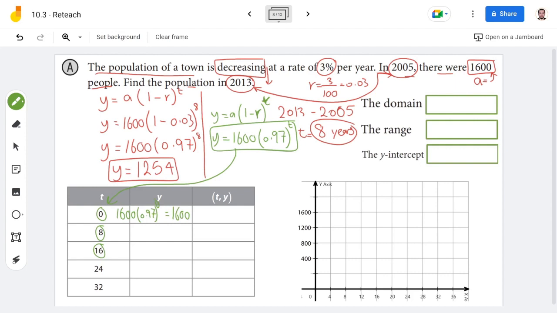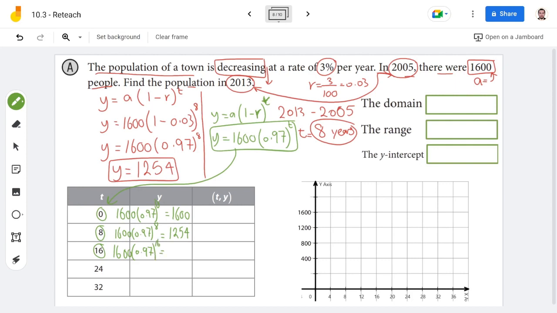Now let's try 8. 1,600 times 0.97 to the power of 8. You can do this one in the calculator, and it will give you, I think, 1,254. Now try 16: 1,600 times 0.97 to the power of 16.